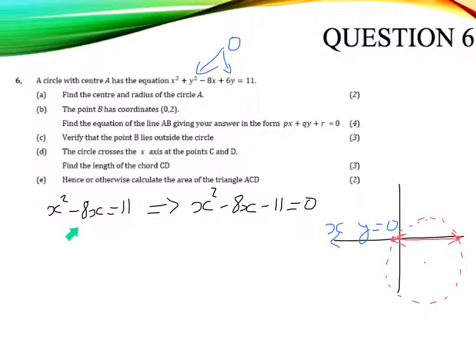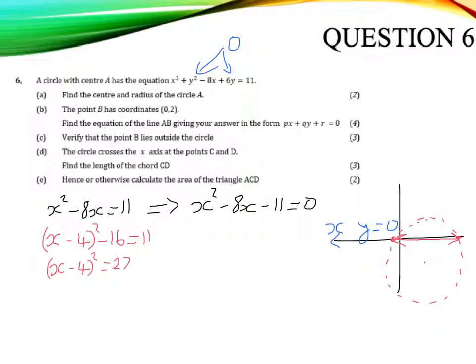I'm just going to use this form here, basically because it's already laid out for me in a nice way. I've already written it down. So let's go with x minus 4 all squared. I need to take 16 away, equals 11. Bring my 16 across, so add 16 to both sides. I've now got x minus 4 all squared equals 27.